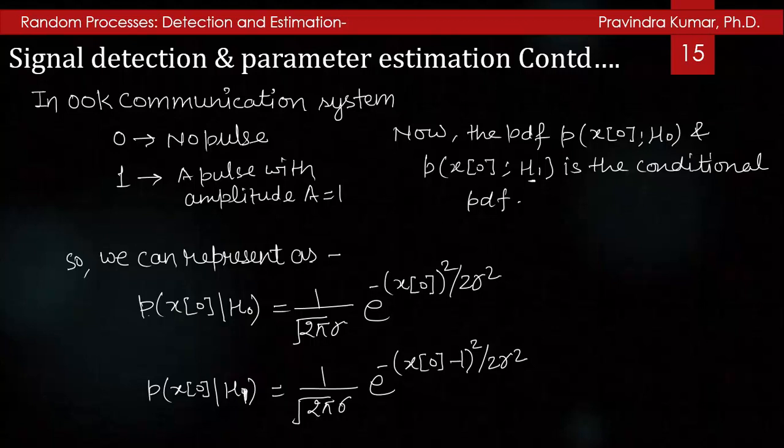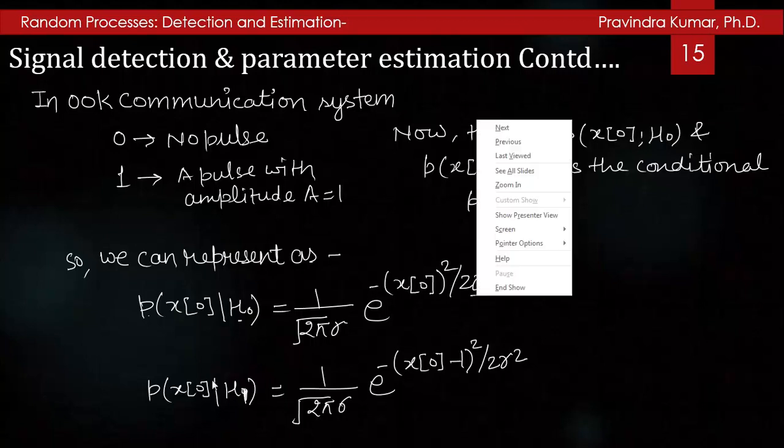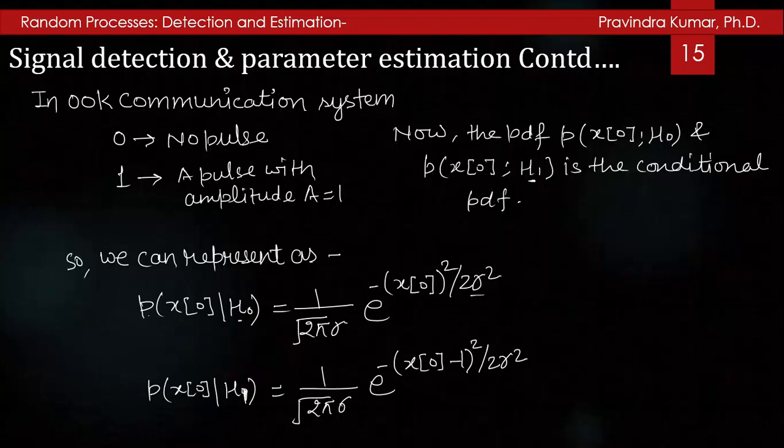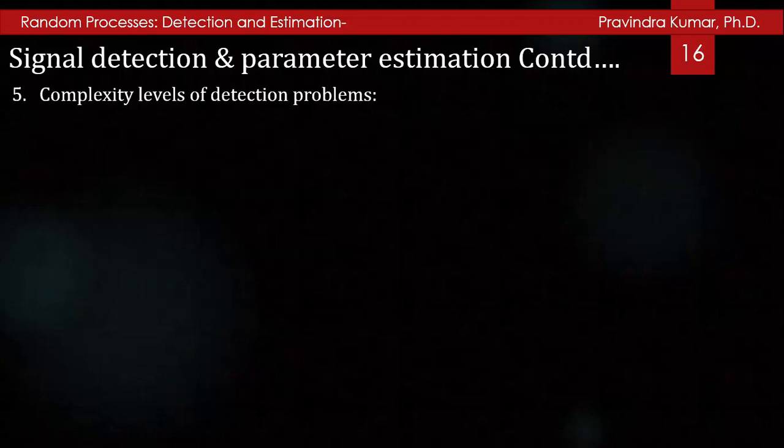The probability of x0 given H0 is 1 upon under root 2 pi sigma e to the power minus x0 whole square upon 2 sigma square, and p(x0|H1) is 1 upon under root 2 pi sigma e to the power minus (x0 minus 1) whole square upon 2 sigma square.